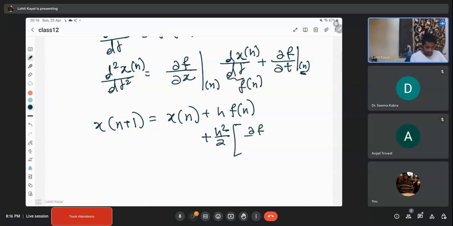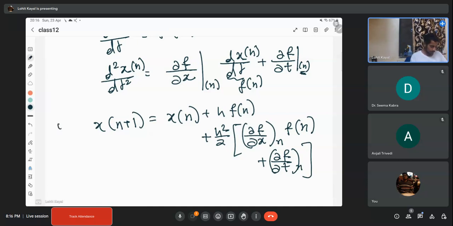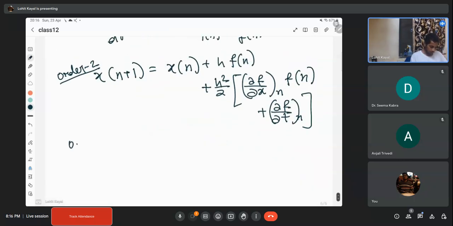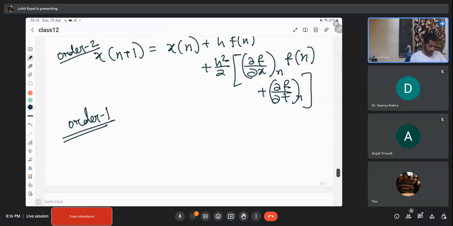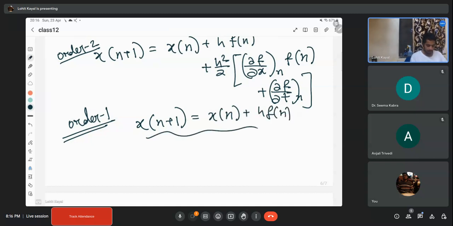It will be del f/del x at n into f_n plus del f/del t at n. So this is of order 2. And the order 1 formula is already very familiar to you. In the last class I solved many questions using this, that is x_{n+1} equal to x_n plus h f_n. This is order 1. Alright.